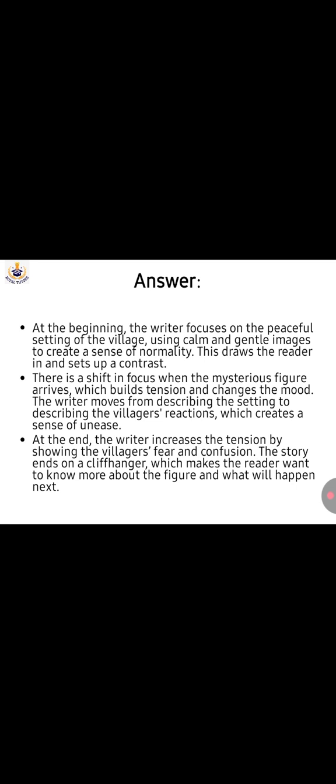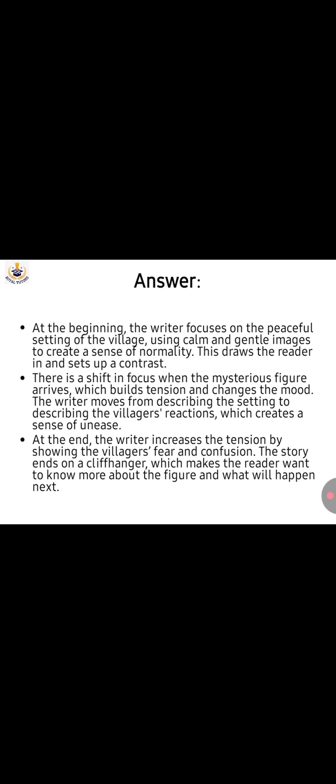At the beginning, the writer focuses on the peaceful setting of the village, using calm and gentle images to create a sense of normality. This draws the reader in and sets up a contrast. There is a shift in focus when the mysterious figure arrives, which builds tension and changes the mood. The writer moves from describing the setting to describing the villagers' reactions, which creates a sense of unease.